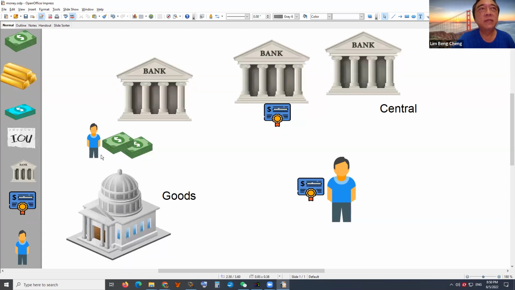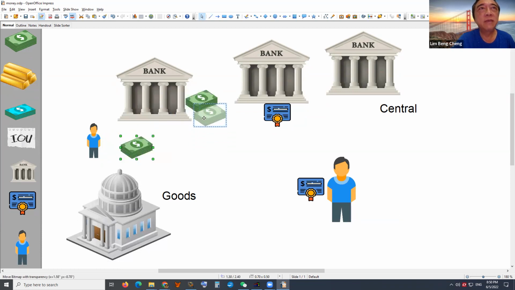So this person or this company now has a lot of money. So what he does is he will put the money in the bank. Okay, and the bank is very happy, and issues an IOU.